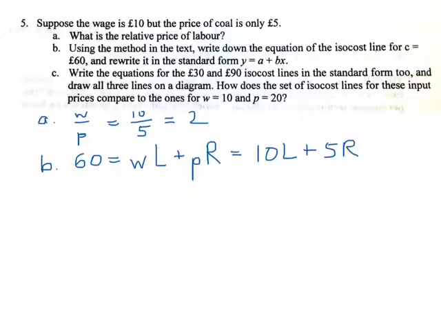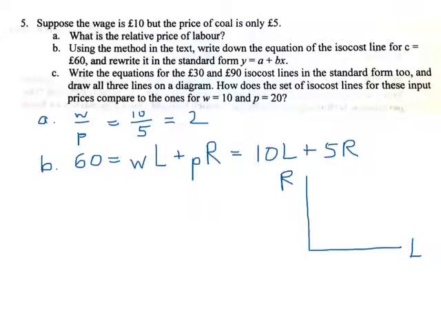But notice this isn't in our XY space. We have a space where we have labor on the horizontal axis and the quantity of coal used on the y-axis. So we want to get this equation into a form where our quantity of coal is on the left side and everything else is on the right side.